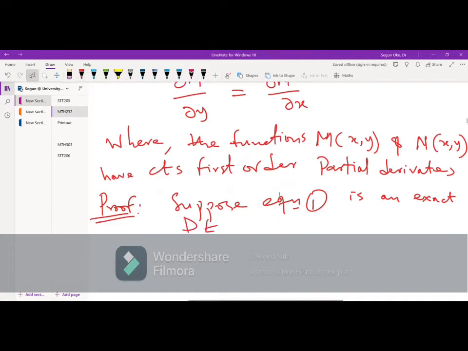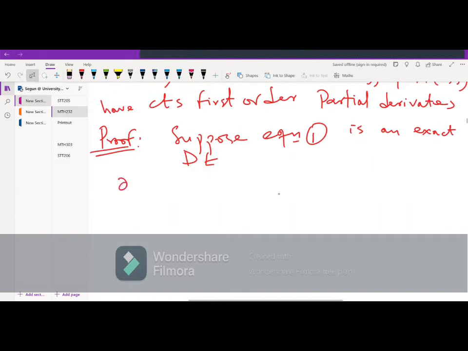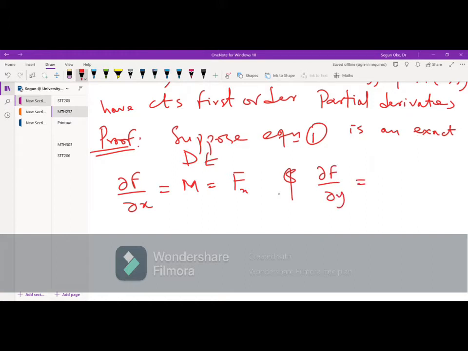Then, if it's exact, we know that ∂f/∂x will give us M, which is the same thing as F subscript x. And ∂f/∂y equals N, which is the same thing as F subscript y.